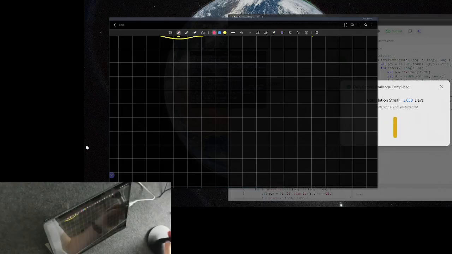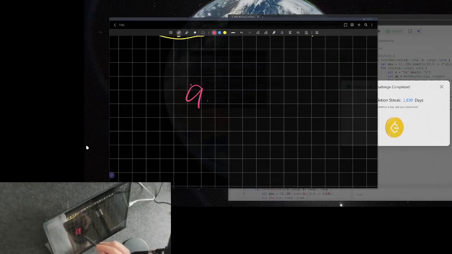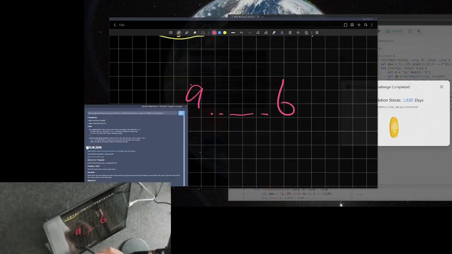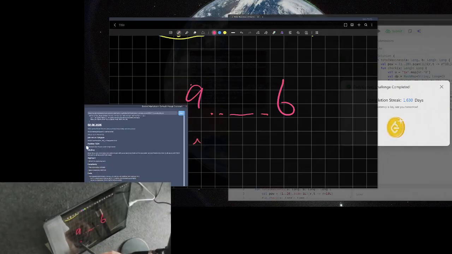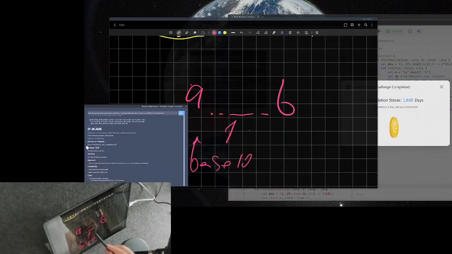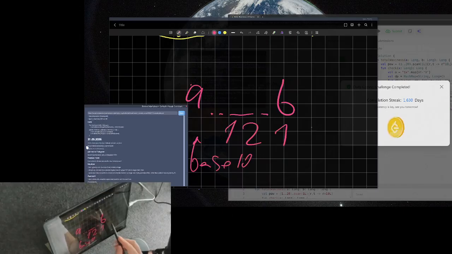So today we have the same problem as yesterday. Given two numbers a and b, we want to find in this range how many numbers have waves in the base 10 representation, like 1, 2, 1, 2.